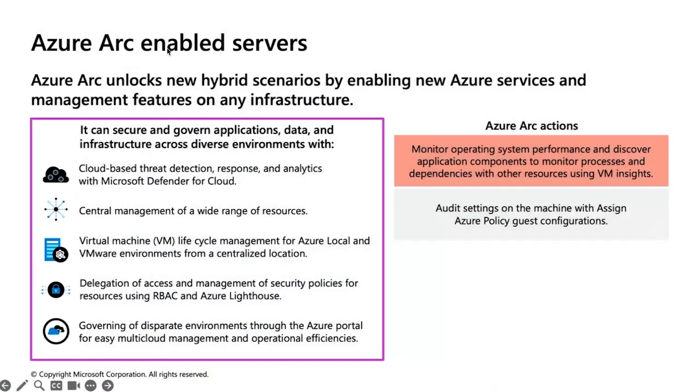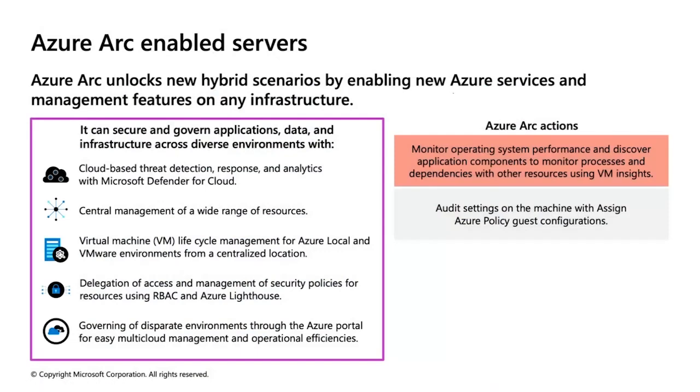So when you are going to enable servers that are Azure Arc enabled, what do you see? First of all, they will have the Log Analytics agent automatically installed. And definitely you can connect these agents to any Log Analytics workspace in MDC that will be collecting the data. Azure Arc unlocks new hybrid scenarios by enabling new Azure services and management features on any infrastructure.